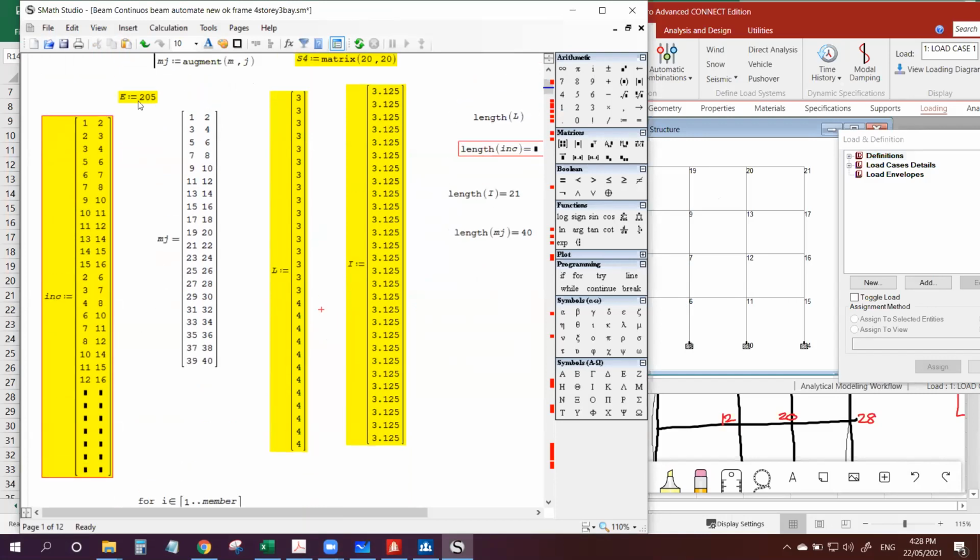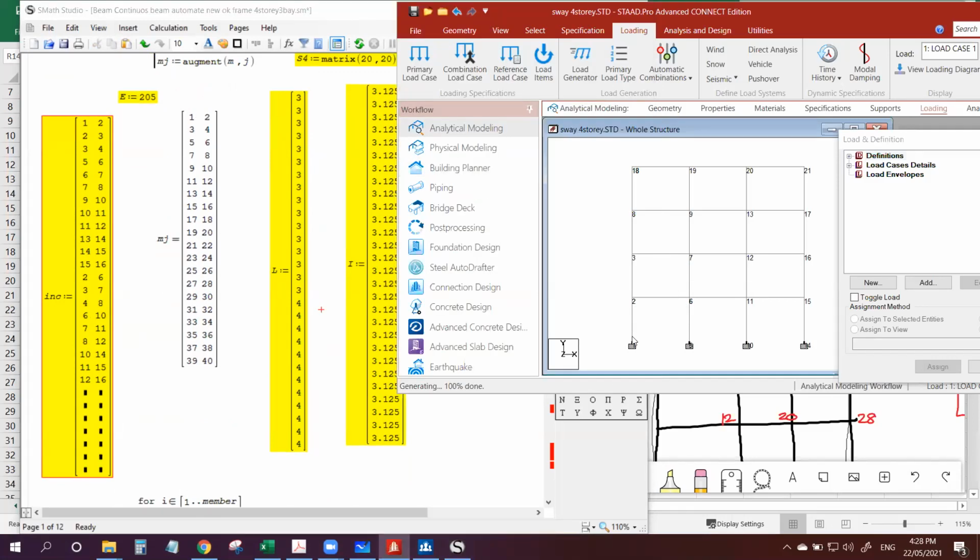Then this is the tedious part, the incidences, because that should be consistent. 1-2, 2-3, 3-4, 5-6, 6-7, 7-8, 9-10, 10-11, 11-12.